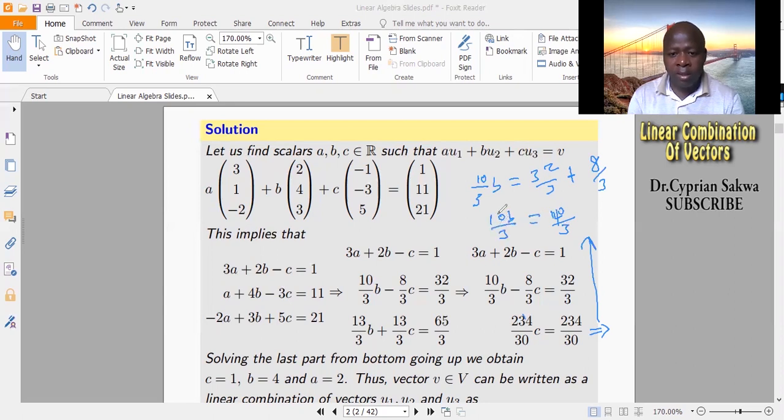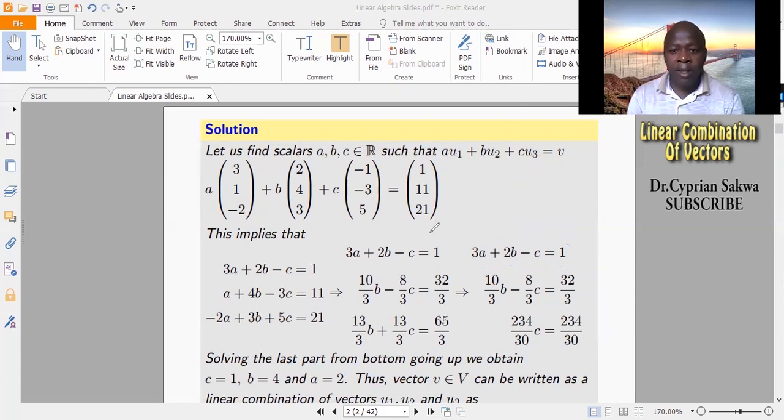Multiplying by the reciprocal on both sides, B would be 4. We now proceed to the first equation, substituting the values of B and C to get A, and A is 2.